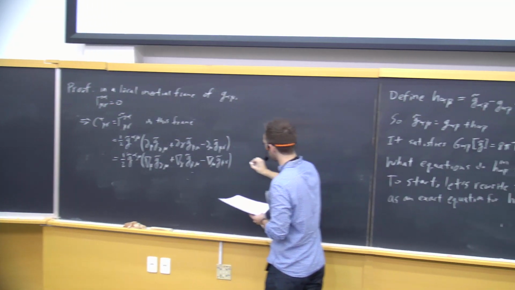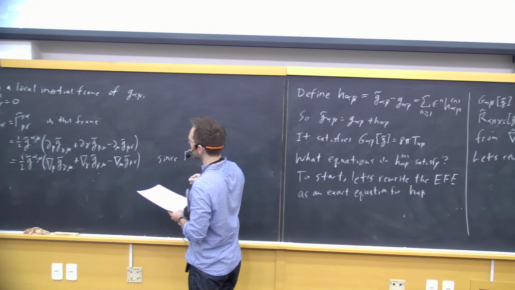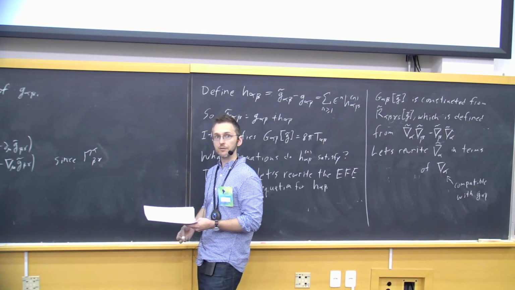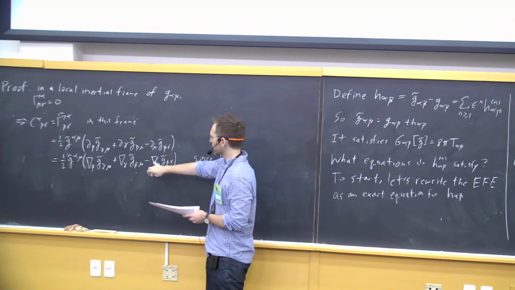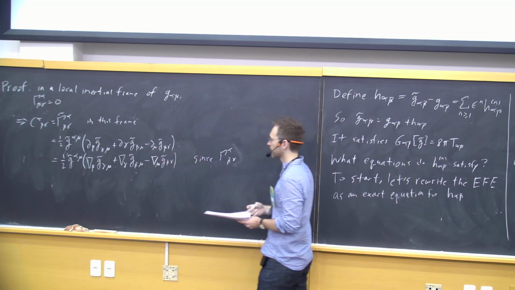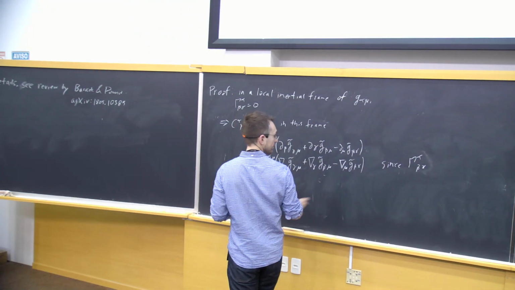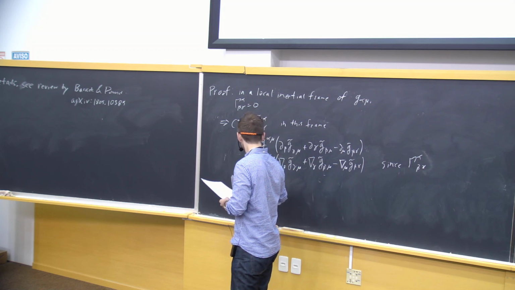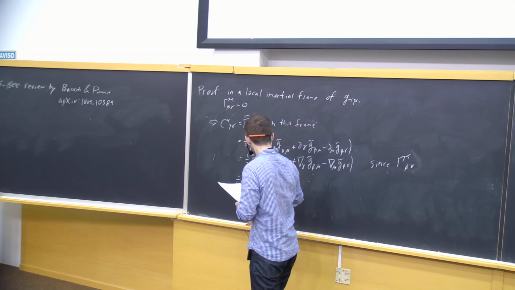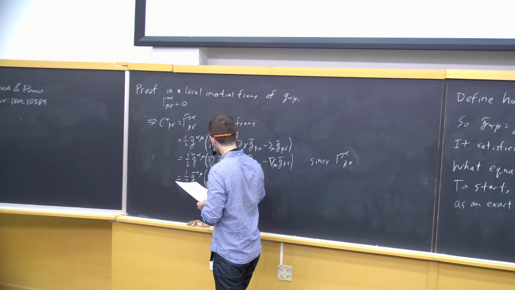The reason I can do that is, again, because the Christoffel symbols of the background metric are 0 in this frame, which means the covariant derivatives with respect to the background metric are the same as the partial derivatives in this frame. Then I just need to do one more thing to recover the formula over there, and that is replace this exact metric with the metric perturbation.